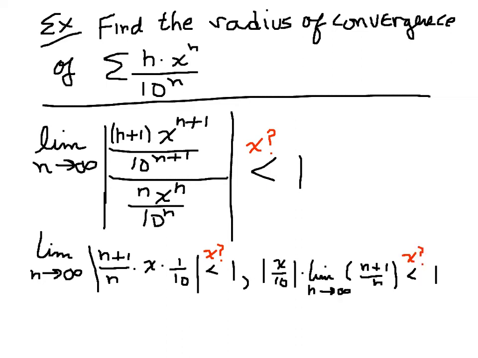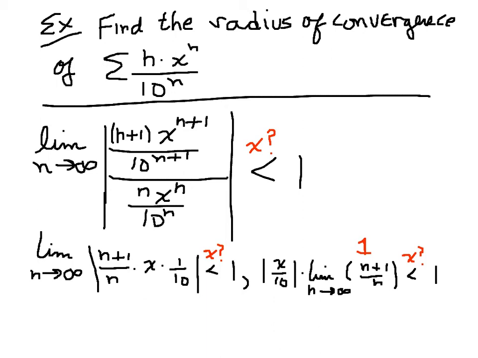So we can take out the absolute value of x over 10 because they don't depend upon n, and we're left with the limit as n approaches infinity of (n plus 1) over n. And you should be pretty confident to know that that limit is equal to 1. And we're asking for the values of x that make this whole limit less than 1.